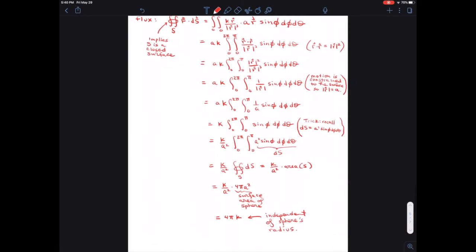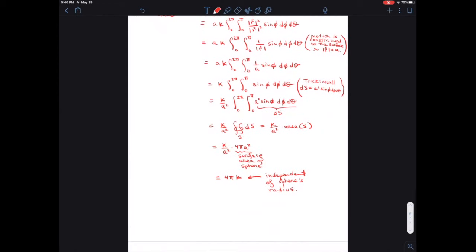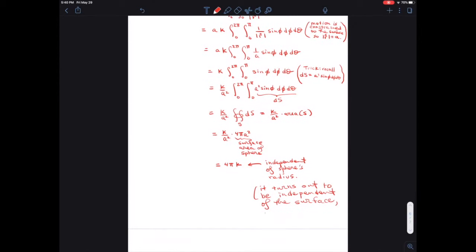So that's Gauss's law. And it turns out to be independent of the surface altogether, as long as it's closed.